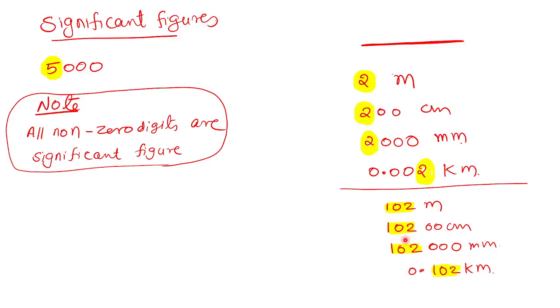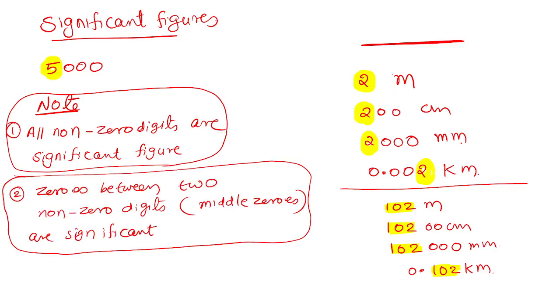The 0 between two non-zero digits is significant because the middle 0 does not disappear, but the other zeros keep on changing. Is it correct? All of it clear?